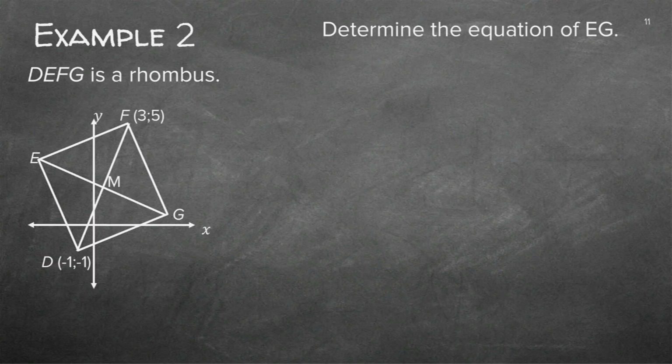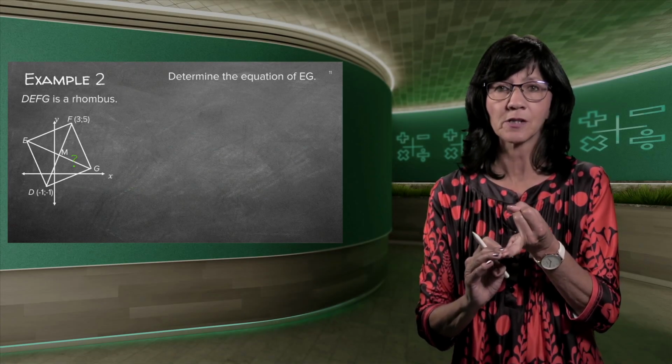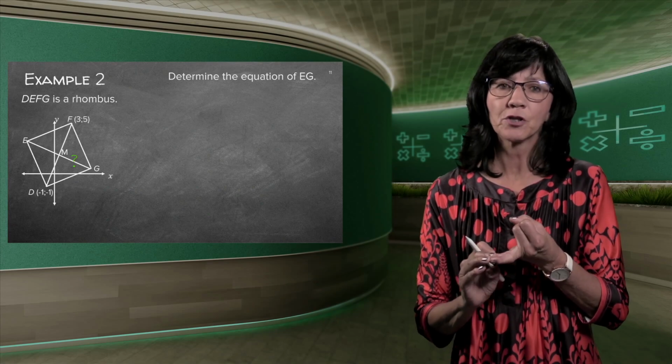Good. Last example. Determine the equation of EG. Now let's just go there to EG. That line is the line EG. Now if they ask me to determine the equation of a line, I need to know the formula for a line. But you remember I know two formulae: y is equal to mx plus c, or y minus y1 is equal to m times x minus x1. So I need to know which one I'm going to choose.